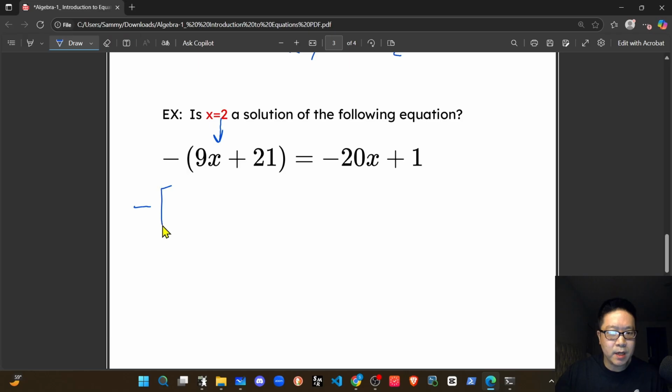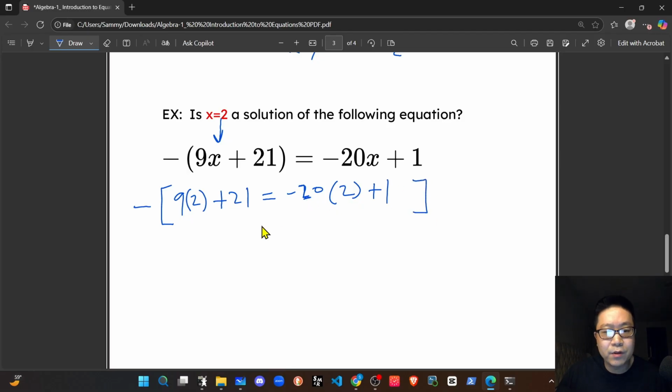So let's go ahead and substitute 2 in for x. So that becomes 9 times 2 plus 21 equals negative 20 times 2 plus 1. And now all we have to do is ask ourselves if this is a true equation.